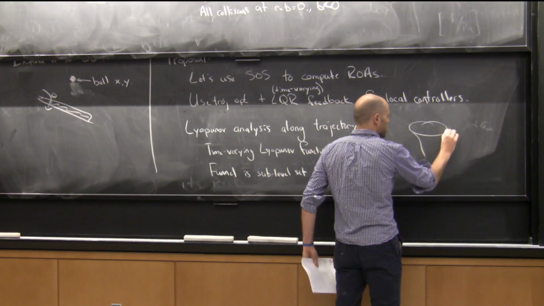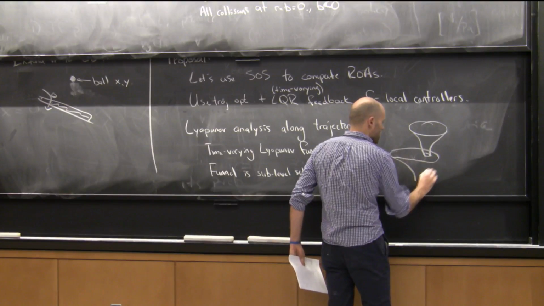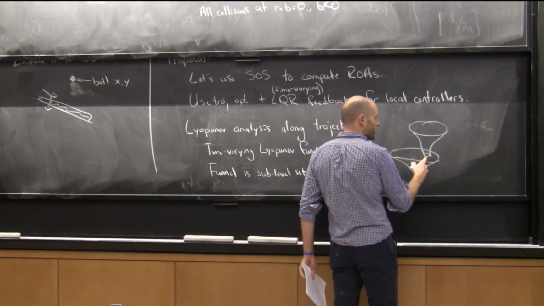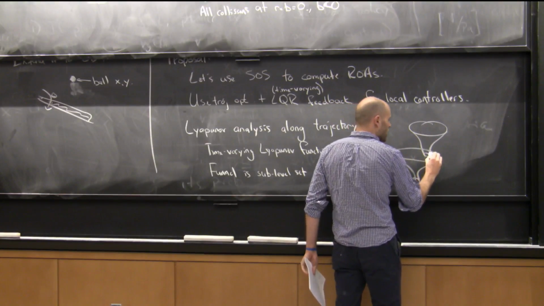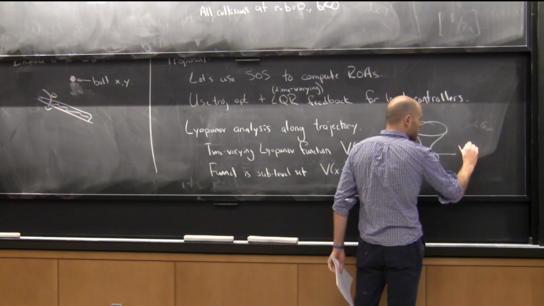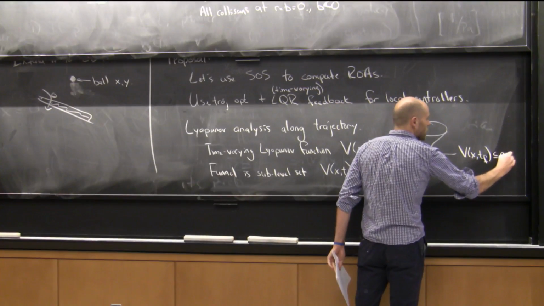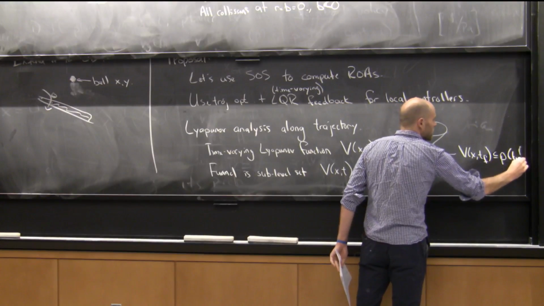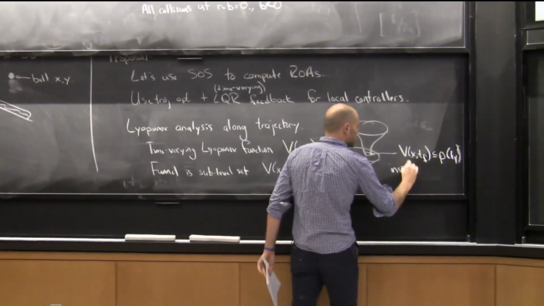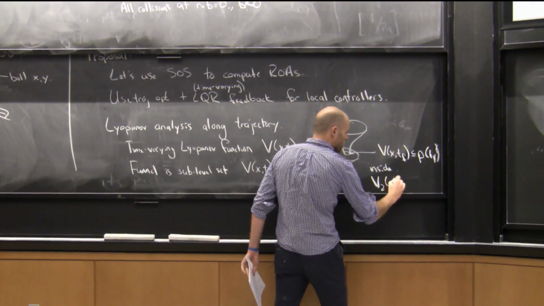So this picture of a funnel going like this into another funnel, if this is a final time, finite time trajectory, then this condition here says that the set V of x, t final less than or equal to rho t final had better be inside the set of my V2 of x.